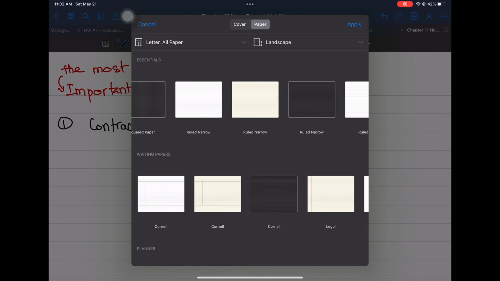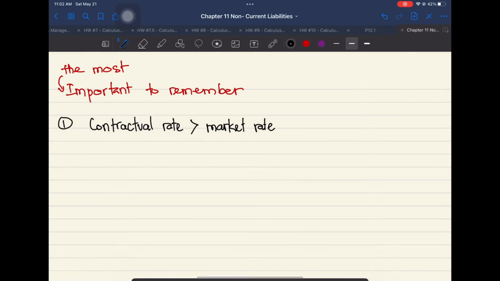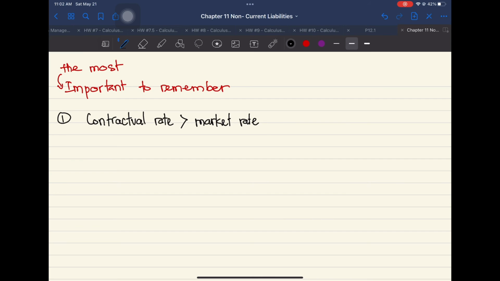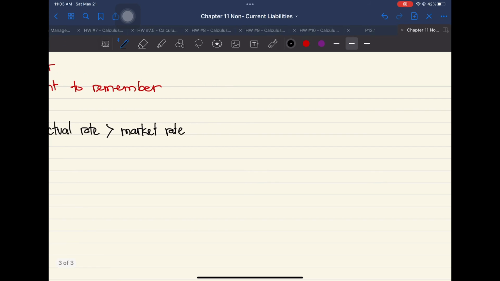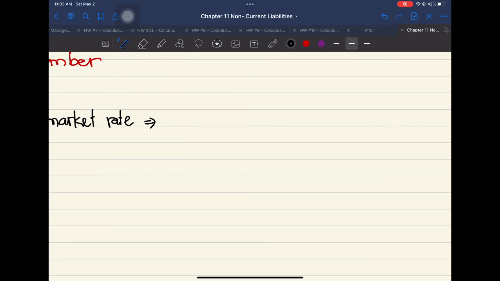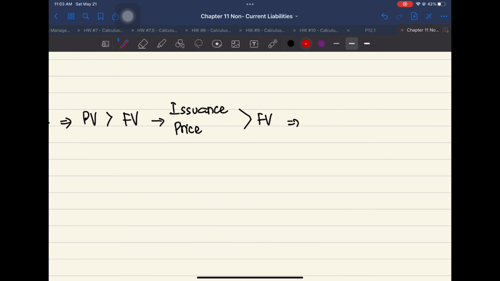So in every question, when the contractual rate is higher than the market rate, we have to think that this is a bond premium. If the contractual rate is lower than the market rate, we have to remind ourselves that this is a bond discount.